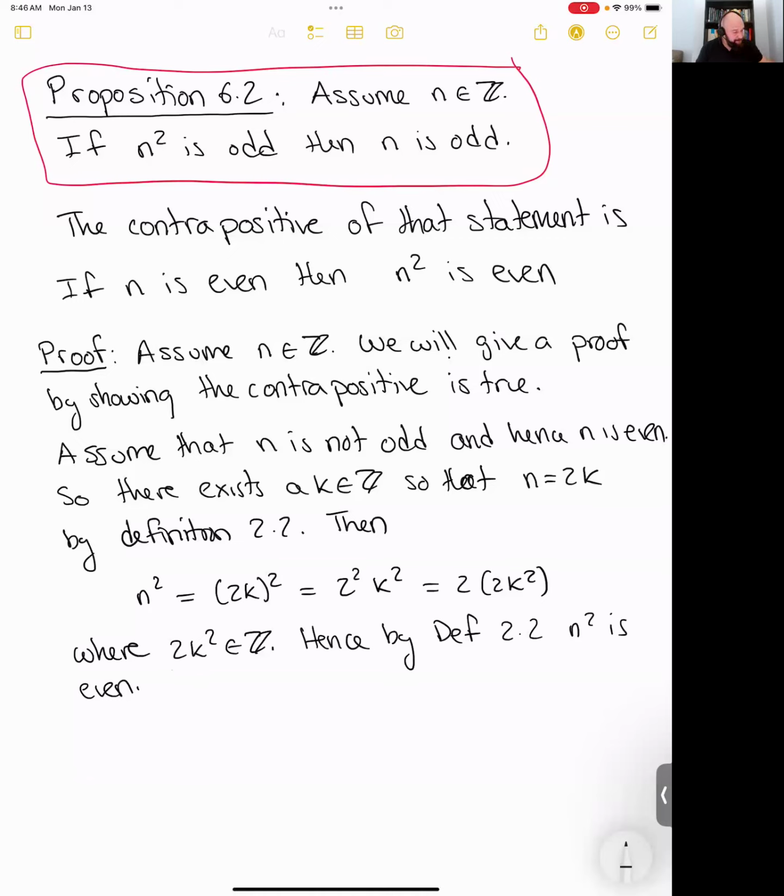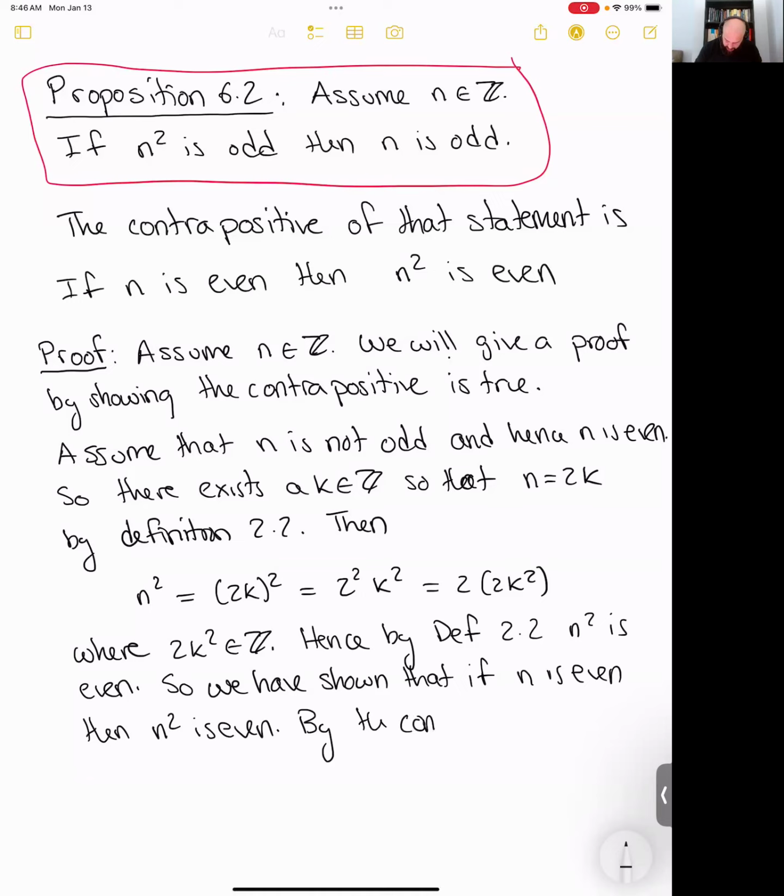And so we have shown that if n is even, then n squared is even by the contrapositive.